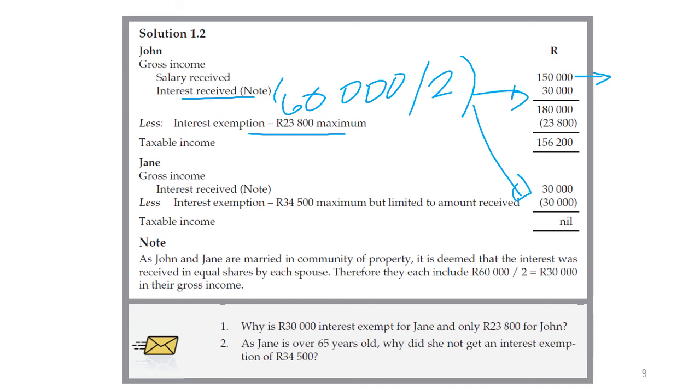So both of them will qualify for their respective interest exemption. John, because he's younger than 65, will only get 23,800, and then his wife is older than 65, so she qualifies for the 34,500, but we can never give an exemption for more than what was included in gross income, and therefore we will give her a 30,000 interest exemption.